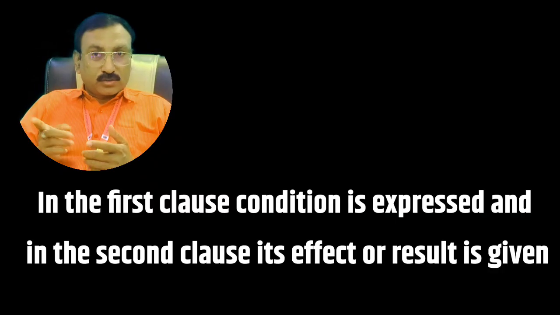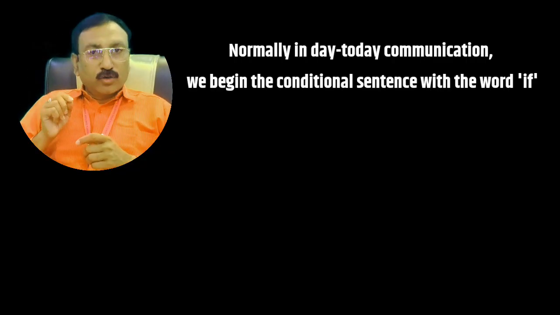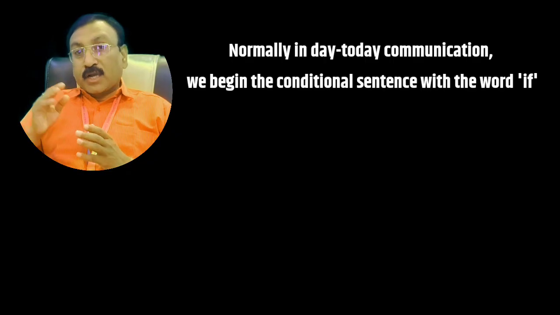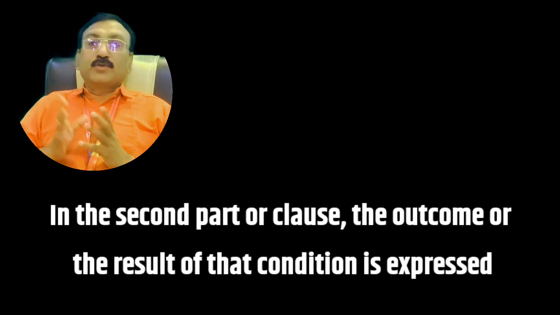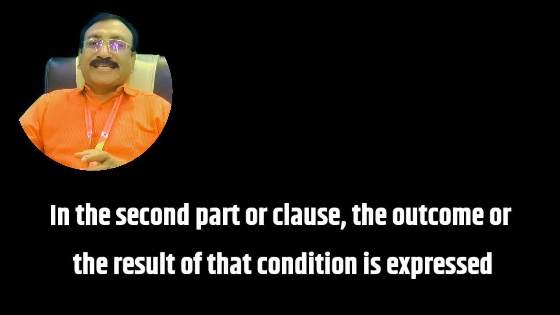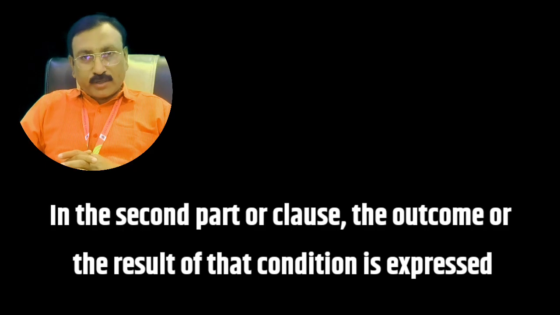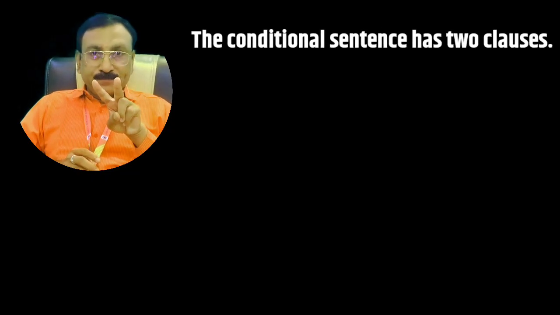Normally, in day-to-day communication, we begin a conditional sentence with the word if, okay, and then in the second clause, the outcome of that condition is expressed. So I want to highlight here that a conditional sentence has two clauses.